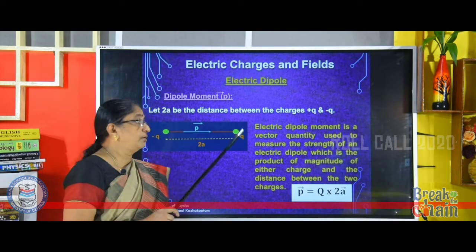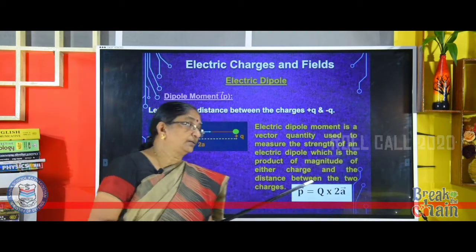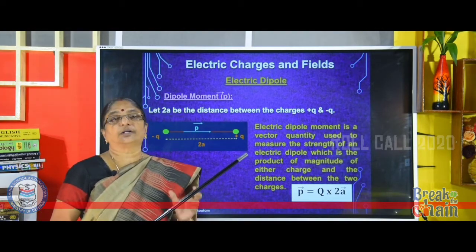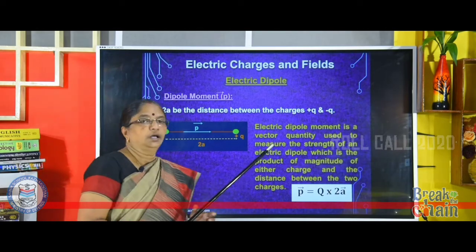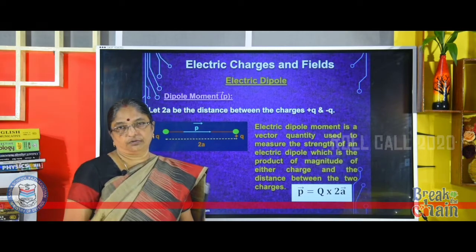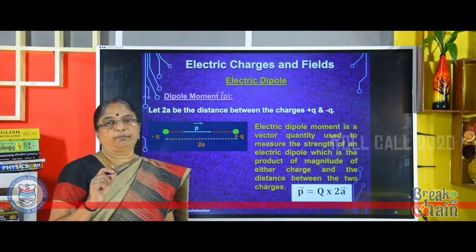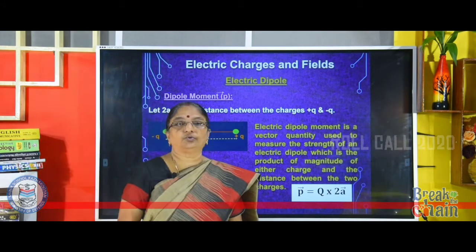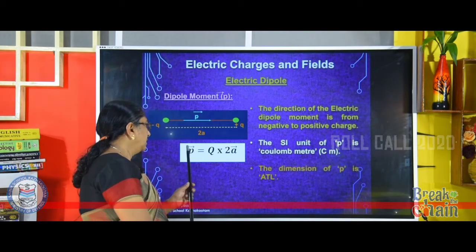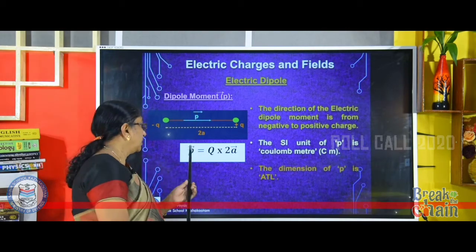So, the dipole moment direction is always from negative to positive, and the strength of the dipole, known as the magnitude of the dipole moment, is the product of either charge and the distance between the two charges. The equation for dipole moment is vector p equal to q into 2a. So, how do we get the unit from this?